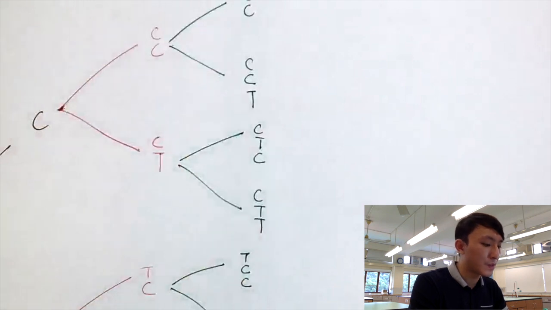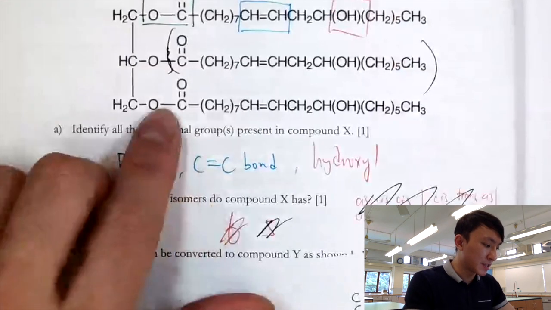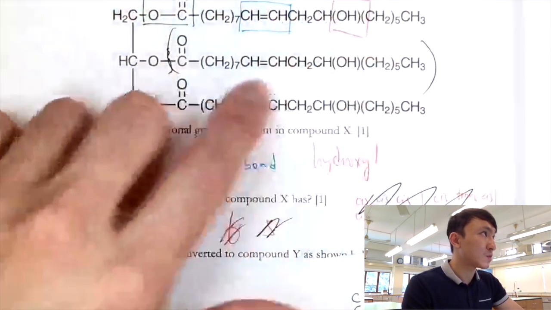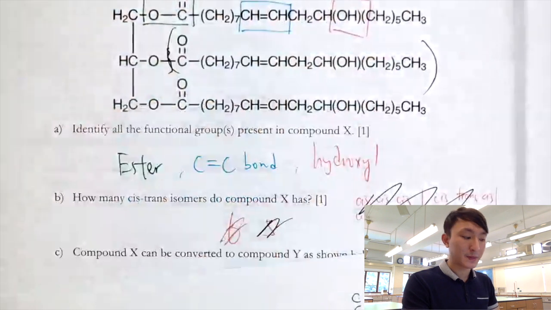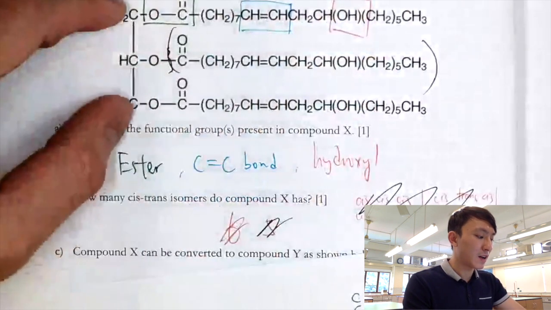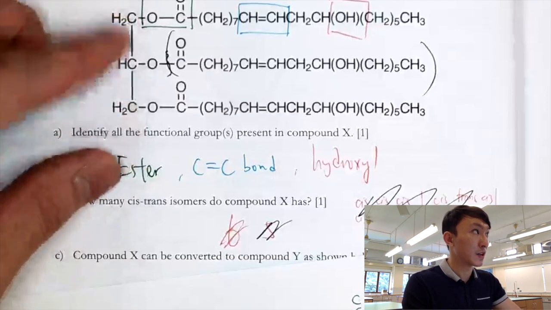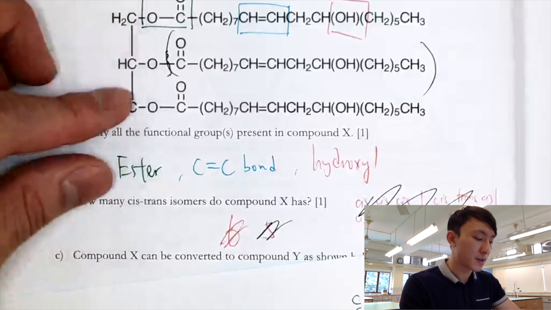Well, not really, because if you notice, this one and this one are the same. They are connected at the terminal of the glycerol, if you look at the glycerol as the backbone.